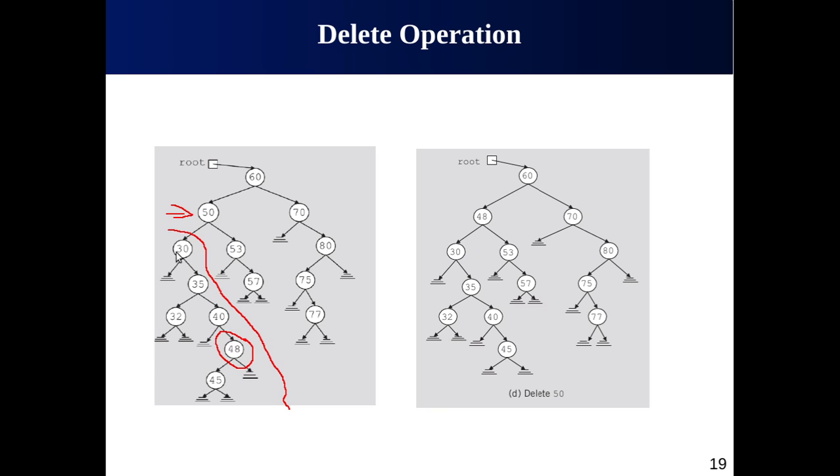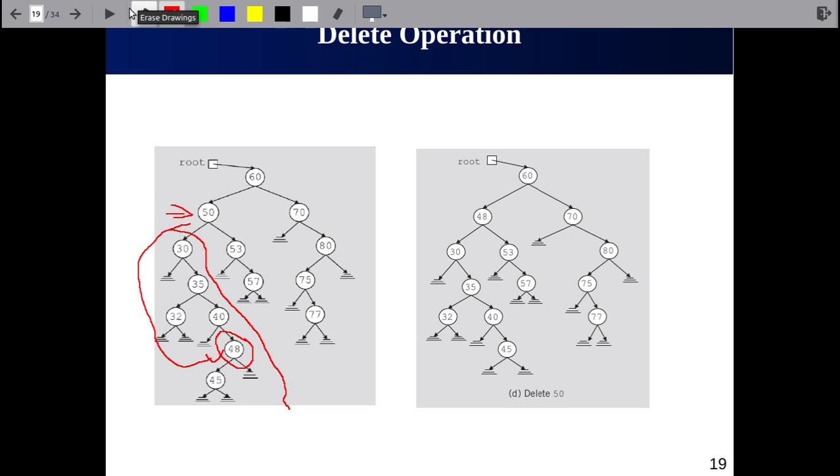So you can see we have 30, 35, 32, 40, 48 and 45. What is the largest value in all these nodes? It's 48, which means 48 will be selected, and it will take the location of 50. That is if you are considering the left subtree.